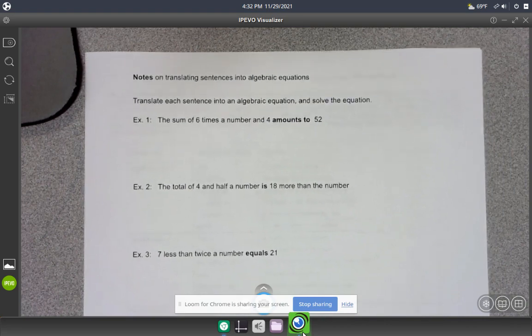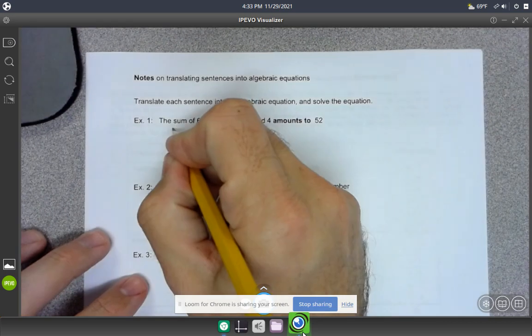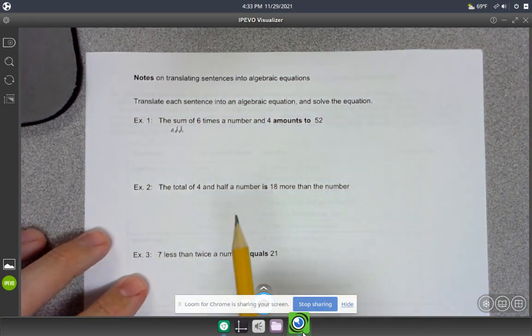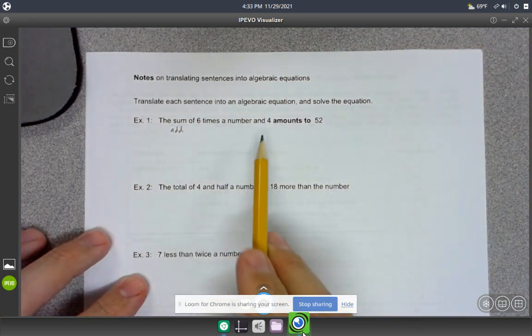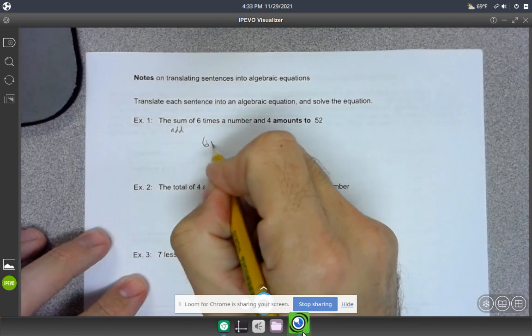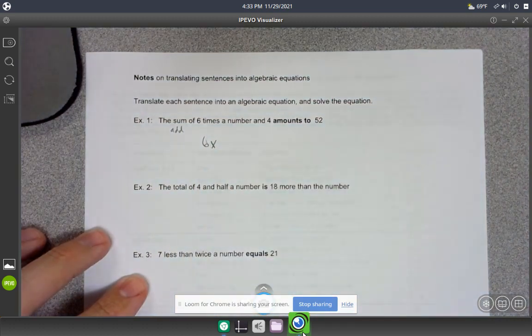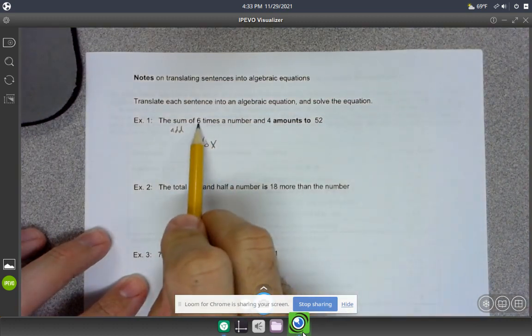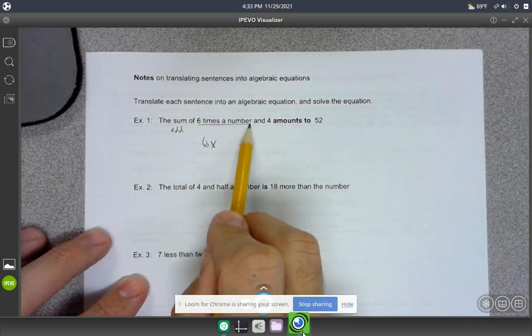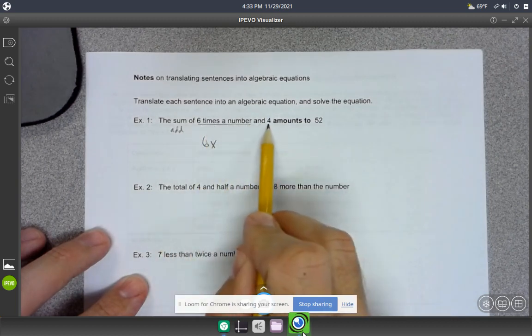Example 1. We're going to translate each sentence into an algebraic equation and solve the equation. So the sum, this means addition, the sum of 6 times a number, so it's going to be 6 times some number. The sum of that part and 4.